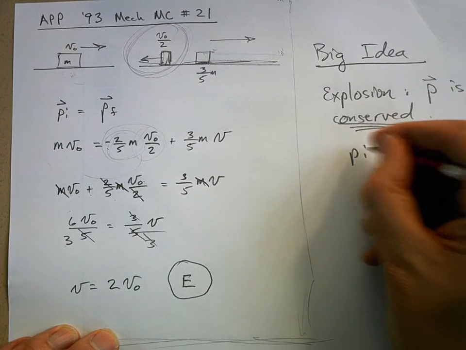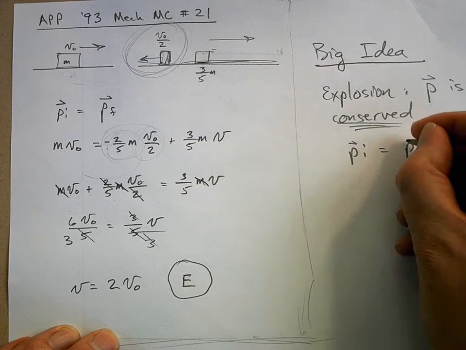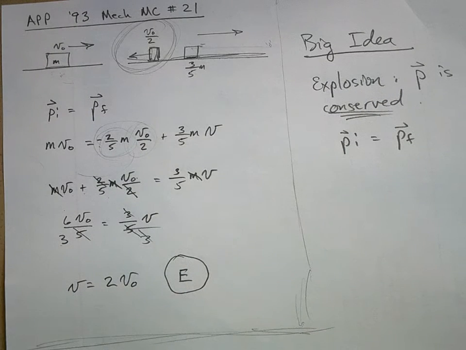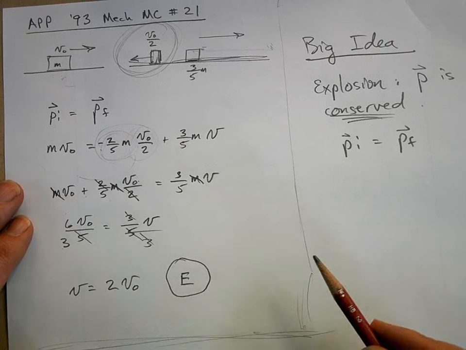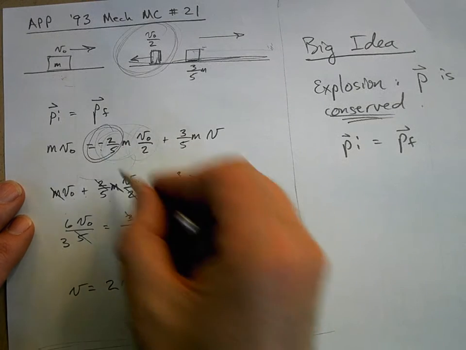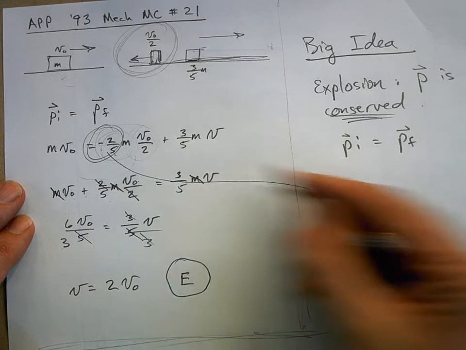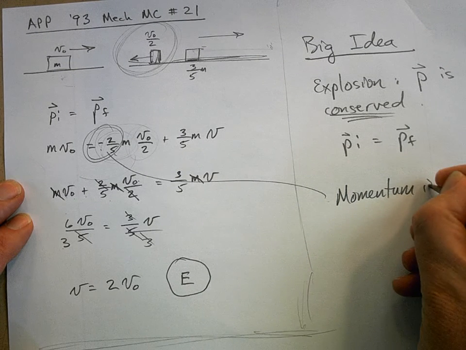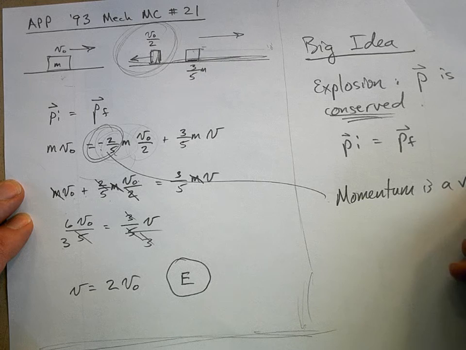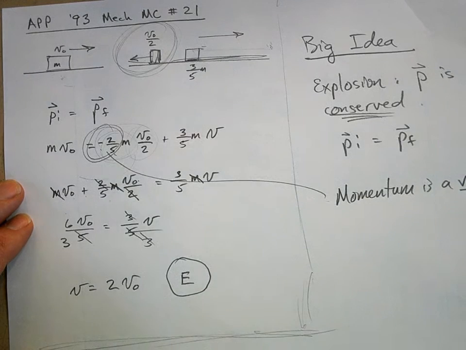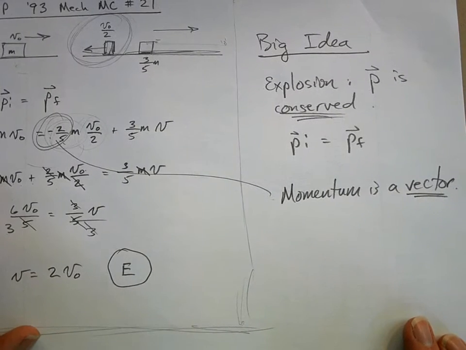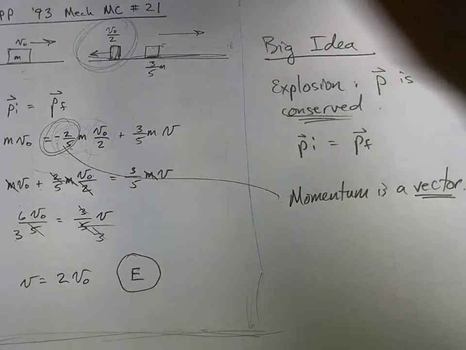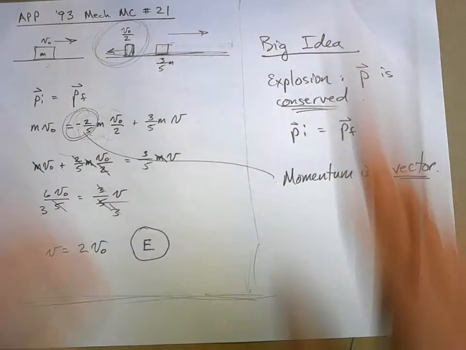That is, P initial equals P final. Now, let's say the mistake you made was that sign. You might want to highlight it and say momentum is a vector, and so you have to account for its direction.